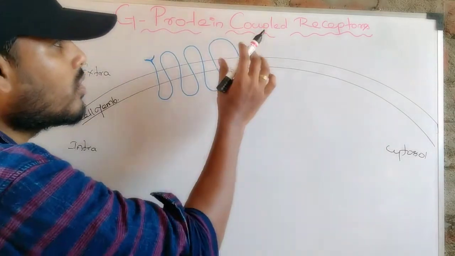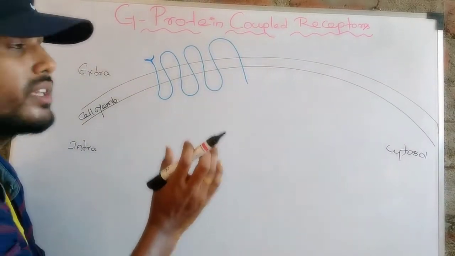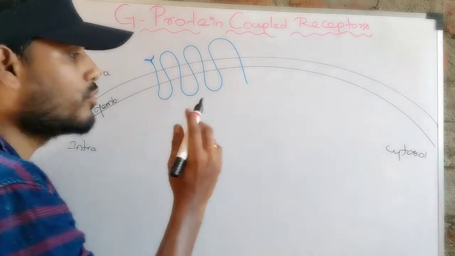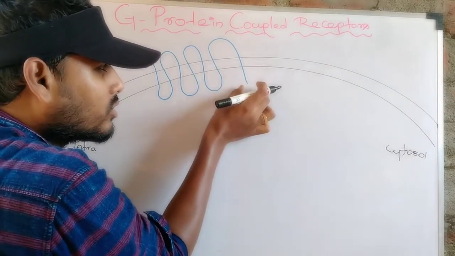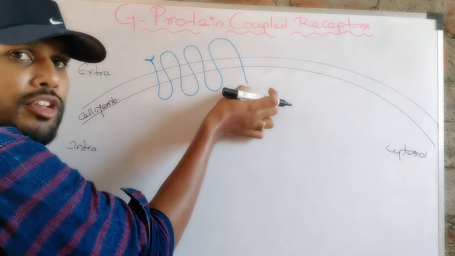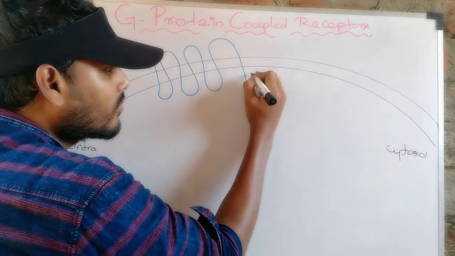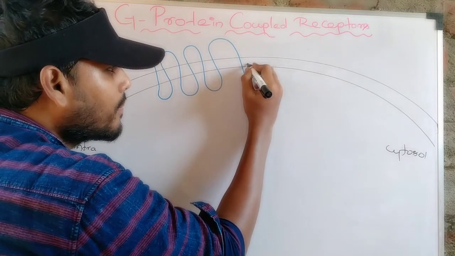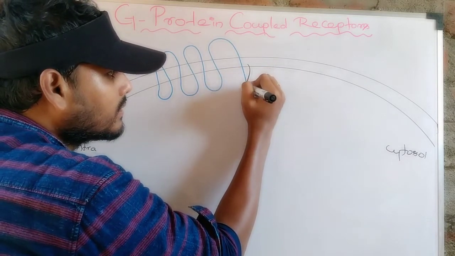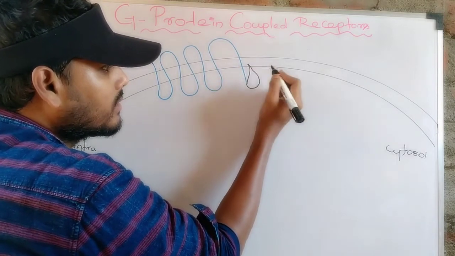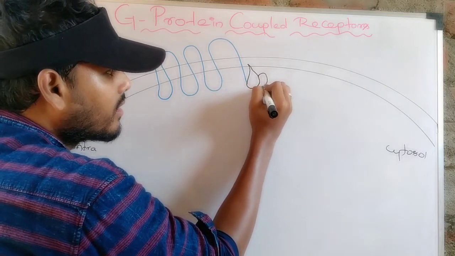So you have to know where the G protein, the guanine protein, and its subunits are. At the end of this type of receptor, inside of the cell, you will find 3 subunits like this.